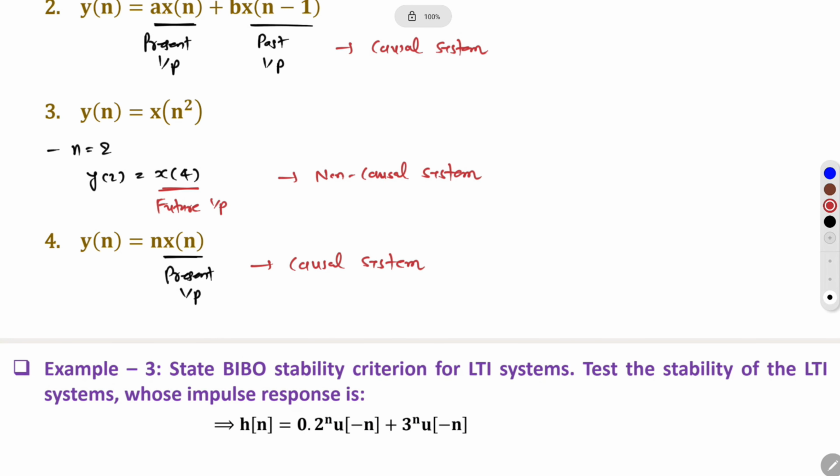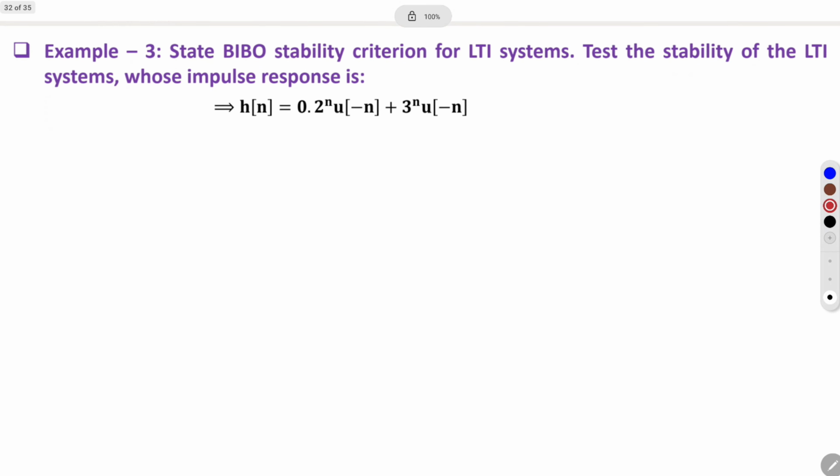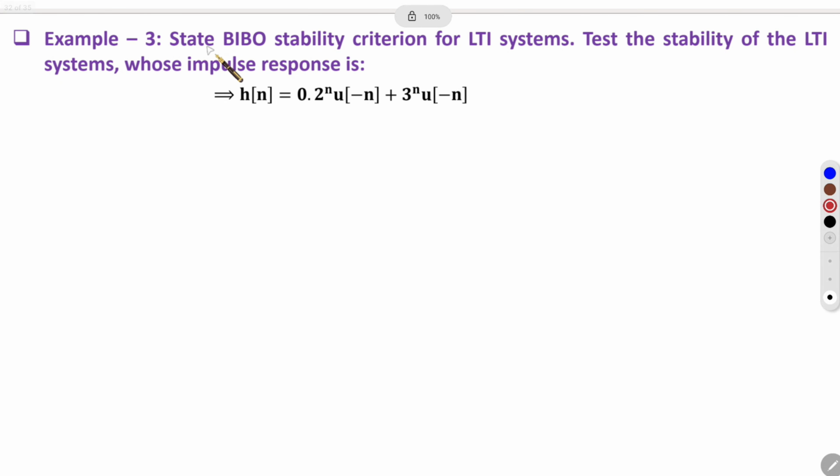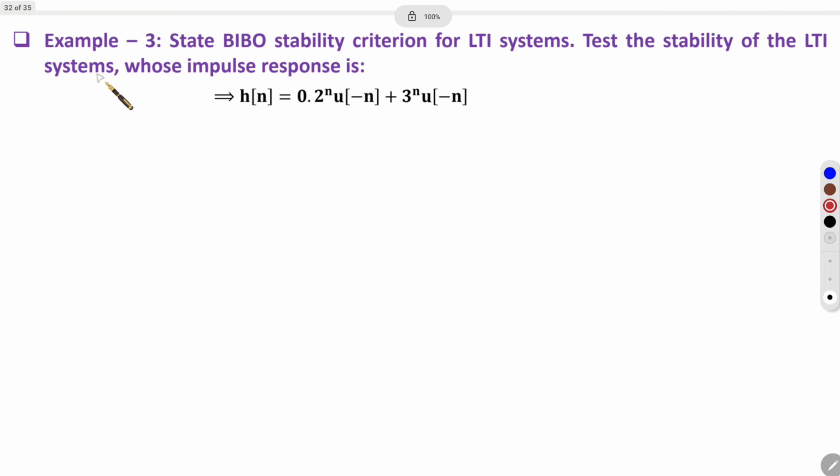Now let me solve problem number 3. See here in problem 3, we need to state the BIBO stability criteria for LTI systems. Test the stability of the LTI systems whose impulse response is given over here. So based on impulse response, we need to check the bounded input, bounded output stability criteria. First of all, one should know what the BIBO stability criteria is.